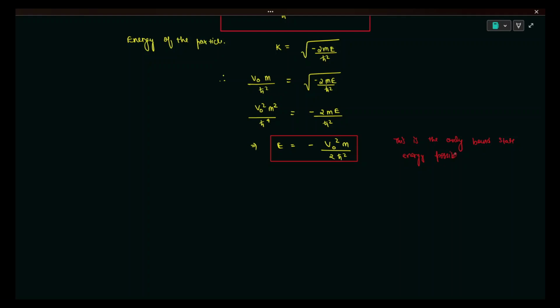So what we can say is that there is only one eigenfunction, or basically the wave function, for Dirac delta potential.